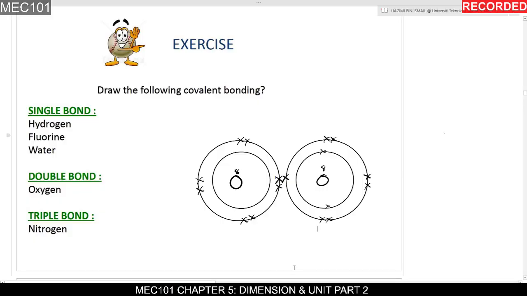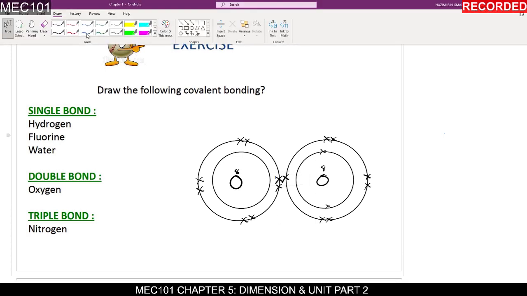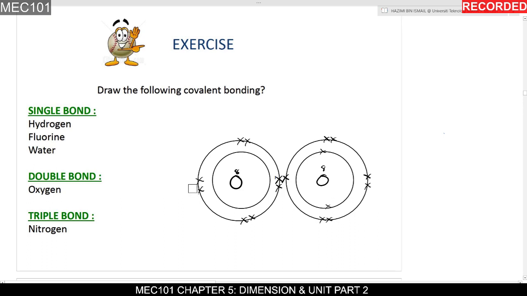Okay, now let's continue. How it means for the double bonds. We have to put 2 here from the left side oxygen and 2 here from the right hand side oxygen. So you will get the double bonds. From the original one here, I put 1 here, 2, 6.